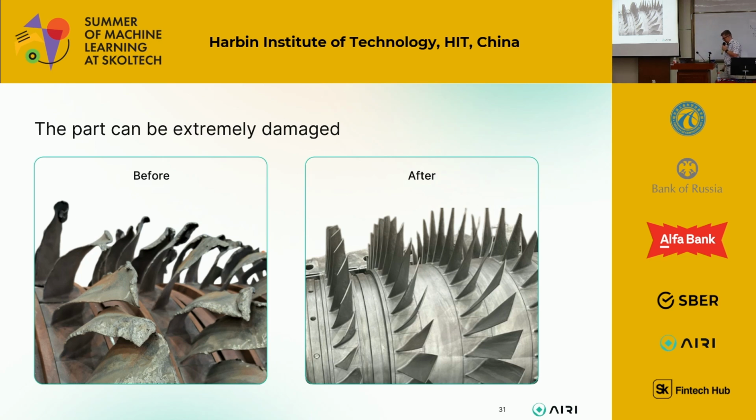So we see that there are a lot of broken elements, and we need to reconstruct them to create from this complex broken element a correct element that can be produced further on the manufacturing stage, when we give it from engineers to manufacturing.